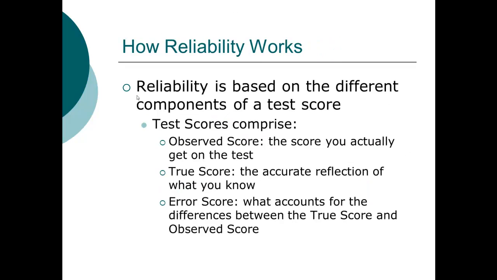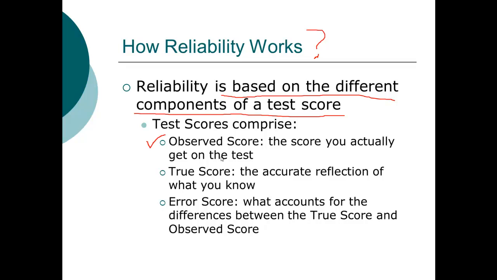Now, how do we arrive at reliability? It's based on the different components of a test score. You make 70 out of 100 on a test. Well, test scores will comprise the following. The observed score. That is the score you actually made or get on the test.